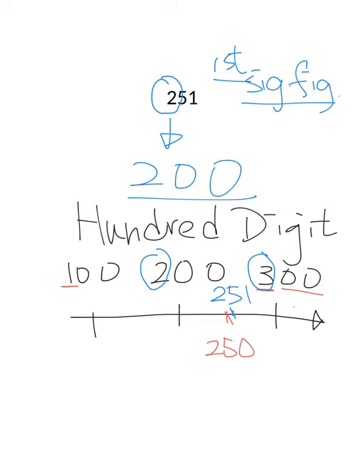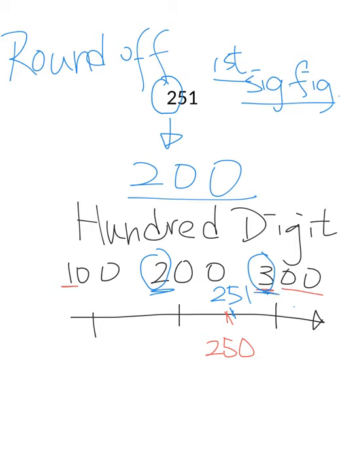So in this problem, if we want to round off 251, we need to choose a better number in the largest digit, the one which is closer to 251. So we choose 2 or 3.